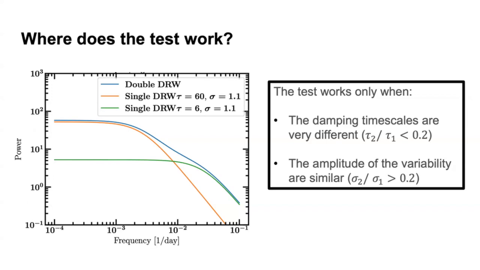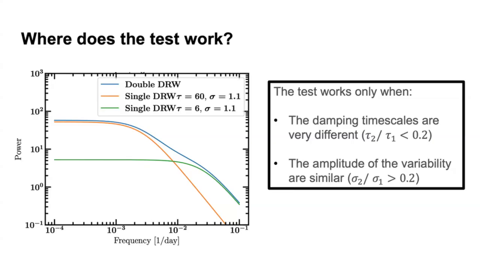In particular, we have a sort of second plateau forming between the breaking frequencies. So basically, the test is able to identify UBHTs as soon as the shape of the power spectral density deviates strongly from that of a single damped random walk.